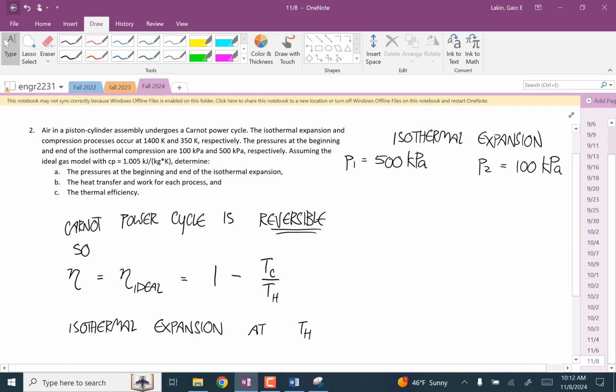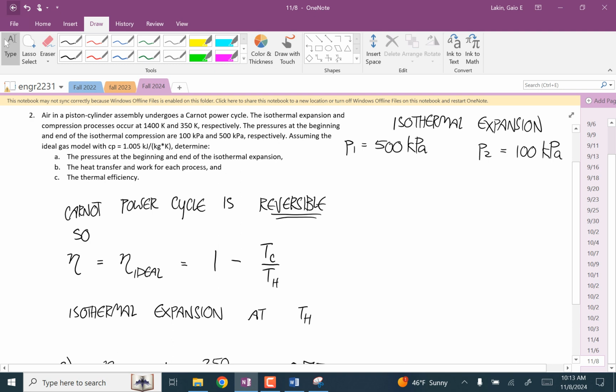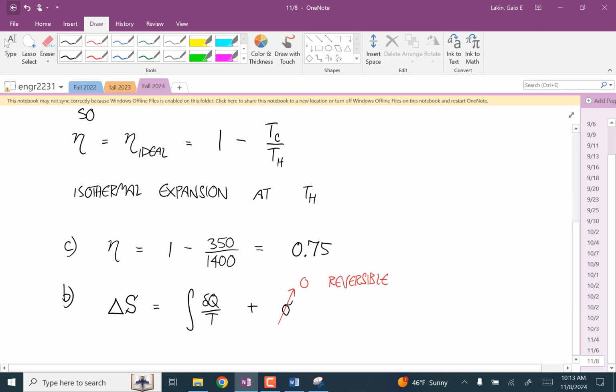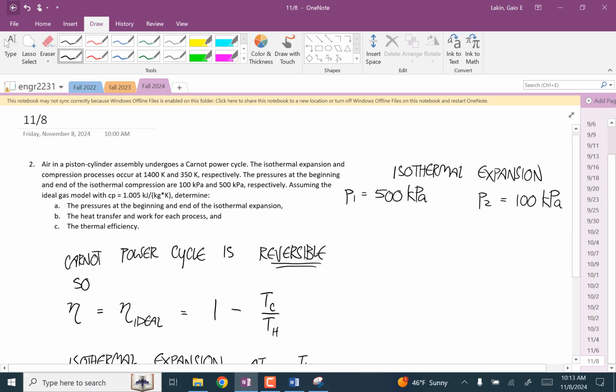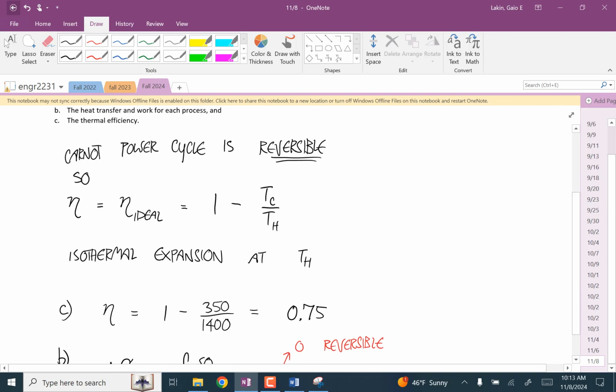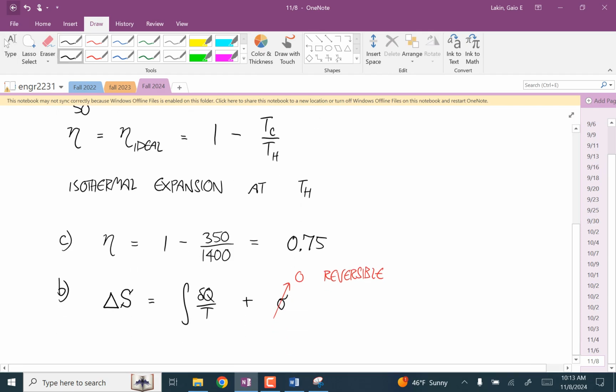I just have to look up what the other stages are. I think it's these 2 isothermal things, and then I think 2 adiabatic things where there's no heat transfer. I don't remember. But so I'm assuming these pressures so that we can come up with what we need to calculate that change in entropy.